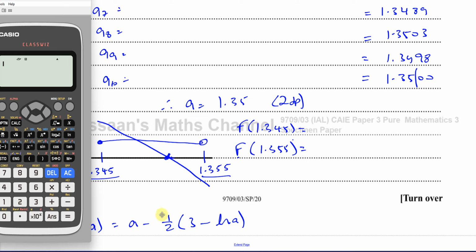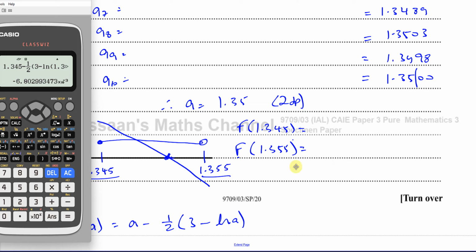So we're going to put 1.345. We have 1.345 minus 1/2 times 3 minus the ln of 1.345. Press equals, another bracket there, equals.